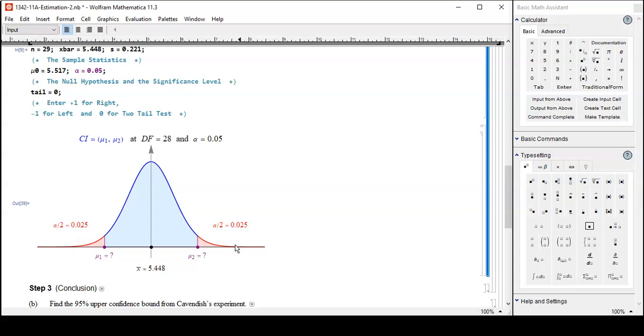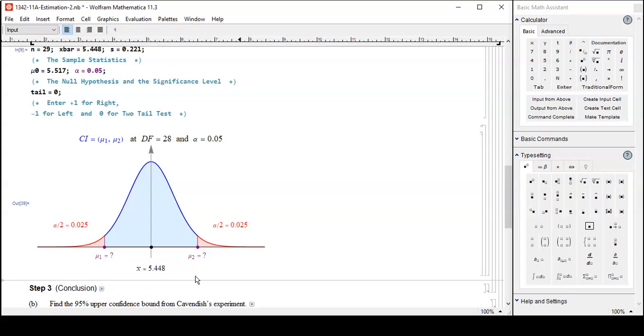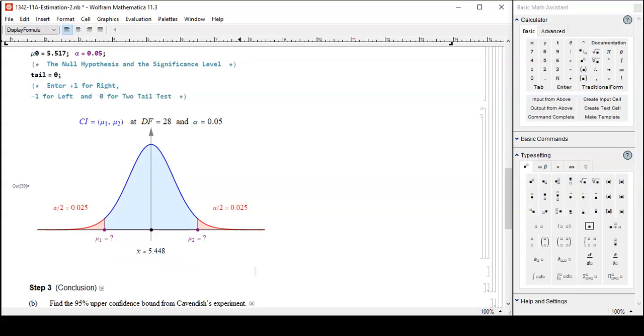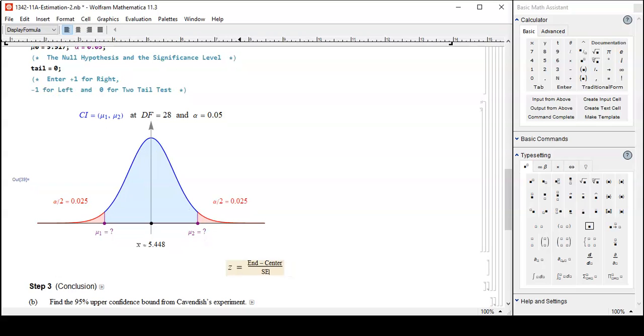How are we going to handle this? The typical method here is pretty much the same thing as we did for the z-curve. Z is n minus center over SE. Yes, that was the formula, wasn't it?